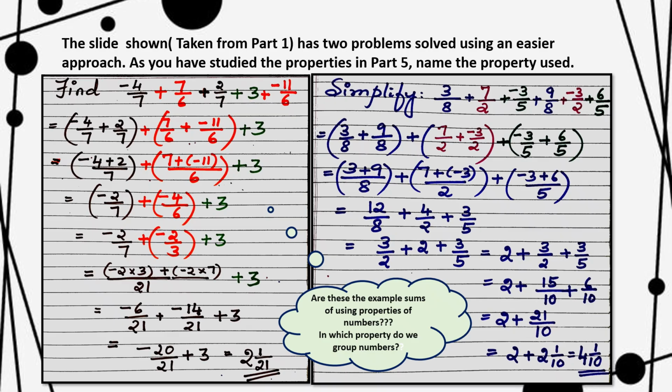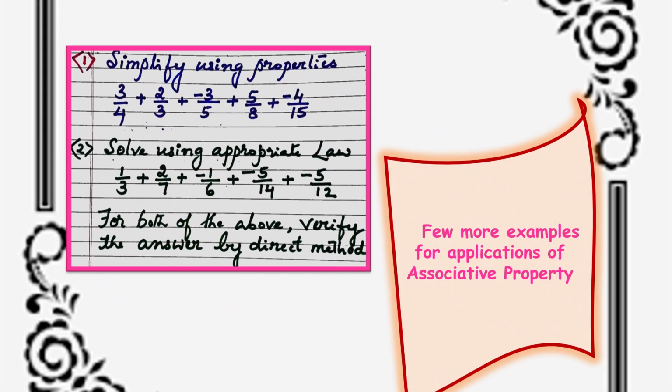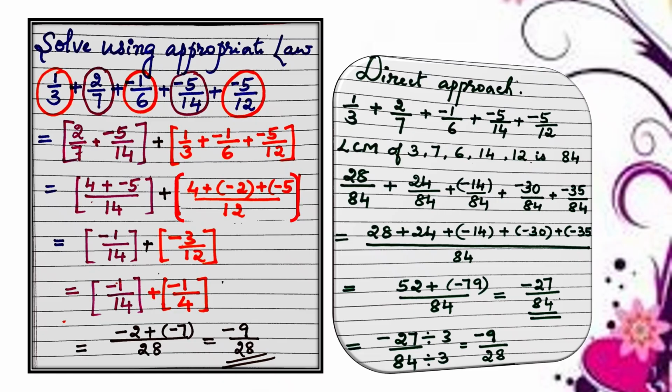The same can be the question. Yes, we are considering these two problems in further slides for associative property applications. The first one. Observe, 5 rational numbers are given. As the operation is addition, we focus on the similarity of the denominators.